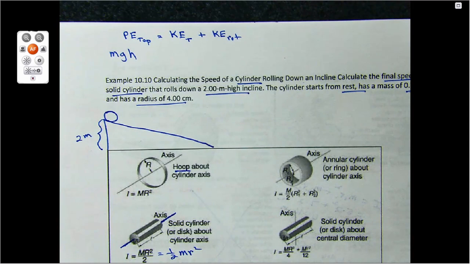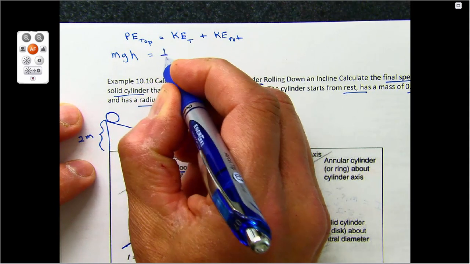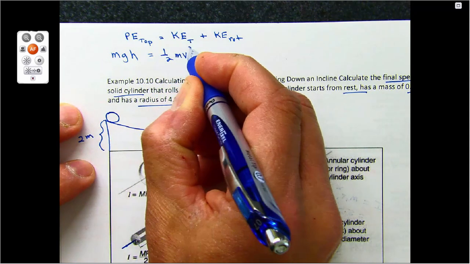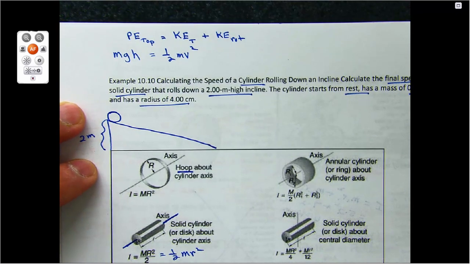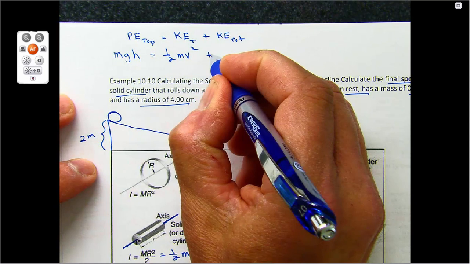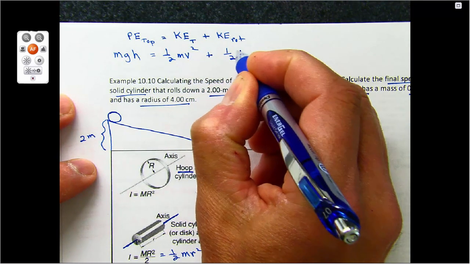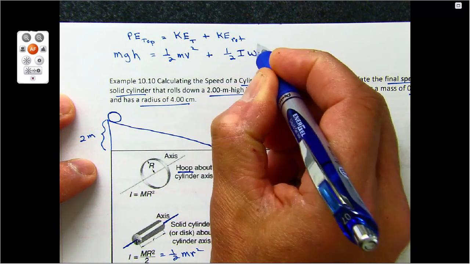Just mgh. Starts from rest. It only has mgh on top. We've done this before, translational, 1/2 mv squared. But rotational is going to be plus 1/2 I omega squared.